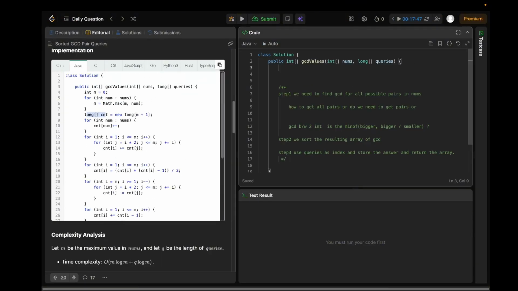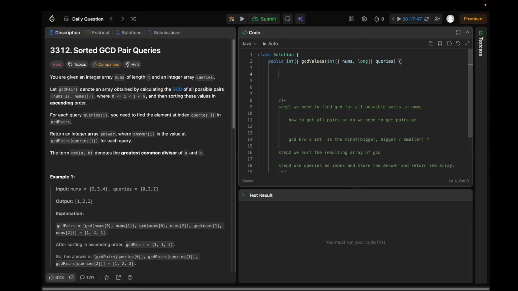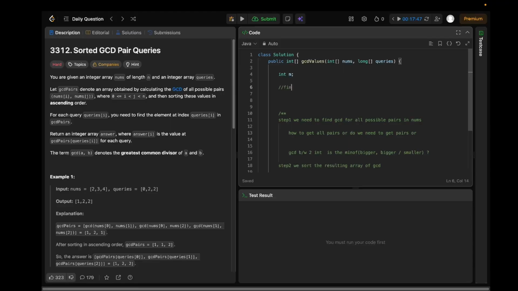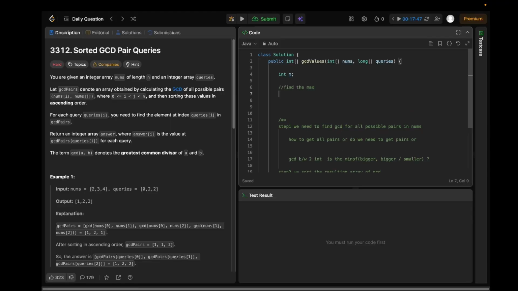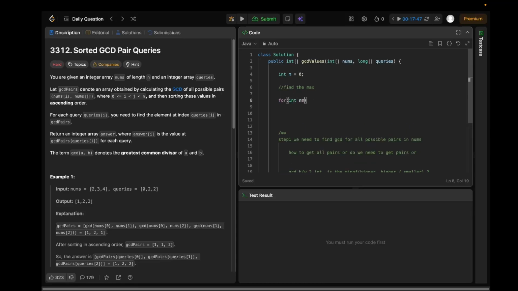Let's try not to look and see what we have learned so far. First we create an integer m, right? We find the max value, assigning m the value 0. For each integer num in nums, we do m equals Math dot max of m comma num.